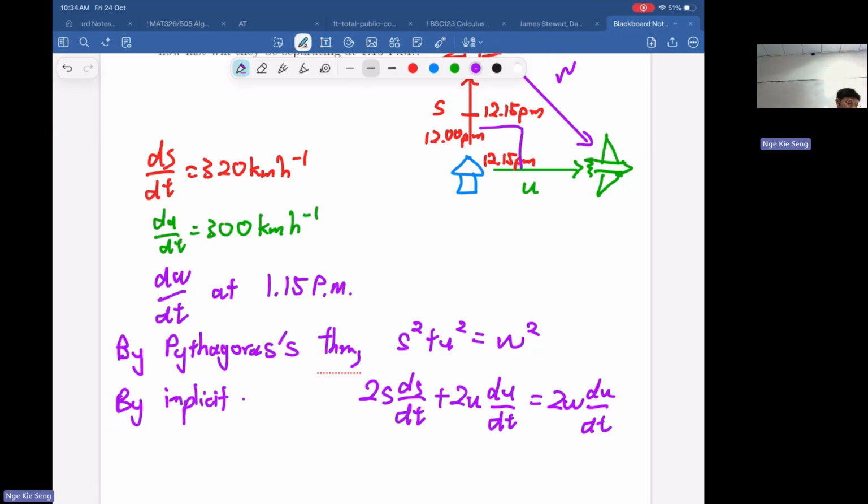Because we regard all these variables as a function of t. When t changes, S will change, U will change, W will change. When time goes on, you move more to the north, you move more to the east, and then the separation also gets larger. All of them depend on t actually, so there's an implicit variable inside here.